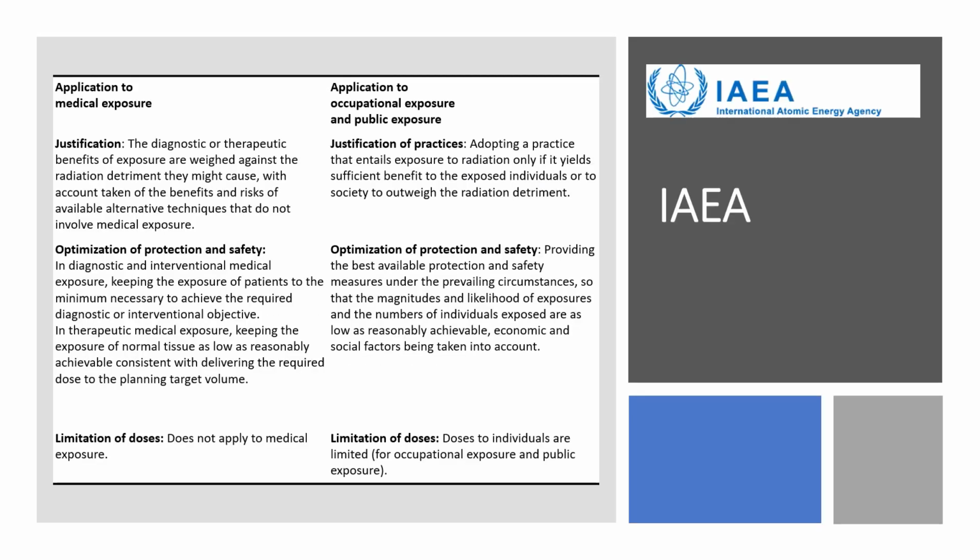Not only do we look to the federal and state agencies for regulation, we also look to the International Atomic Energy Agency to provide guidance for medical exposure and application to exposures for both public and occupational persons. We need to be able to justify these and optimize our practices.